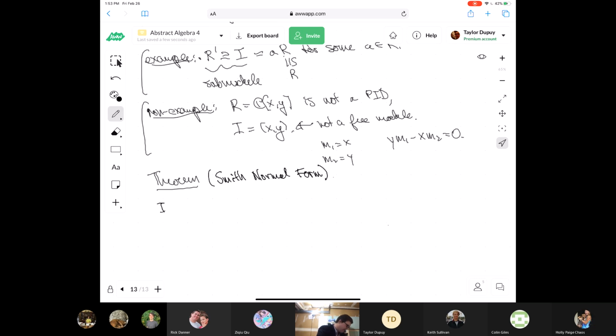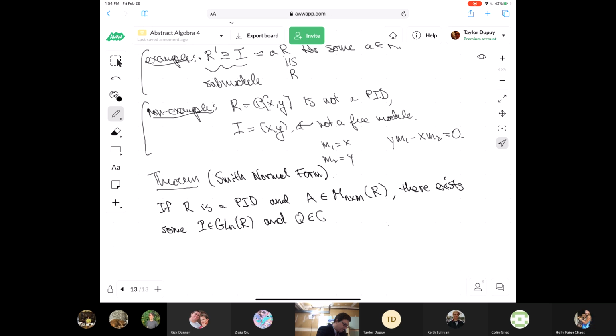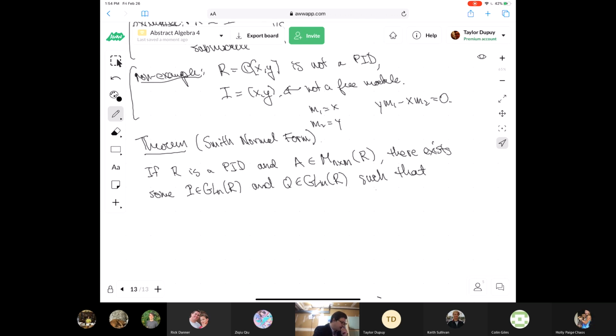So if R is a PID and A is a matrix like the matrix we're interested in, an n by m matrix, there exists some invertible matrix P in the set of invertible matrices and some Q in the set of invertible matrices on the other side, such that PAQ is equal to S. These P's and Q's are obtained by row and column operations.